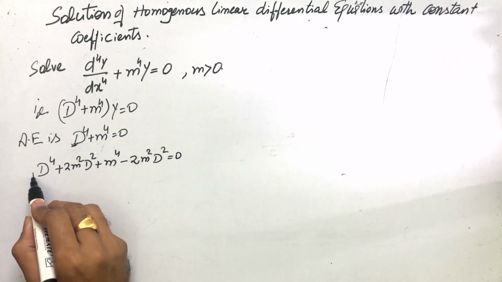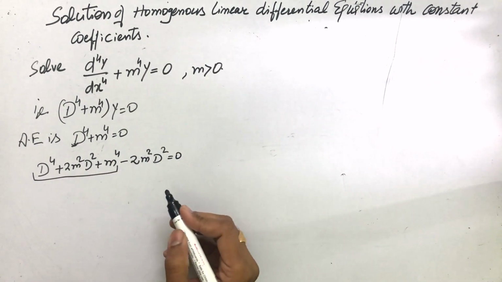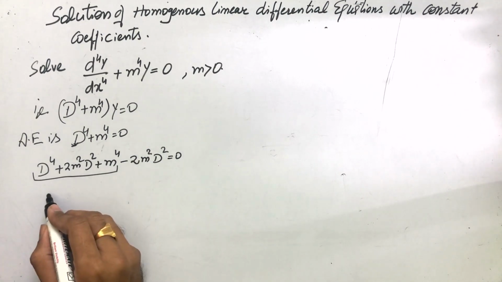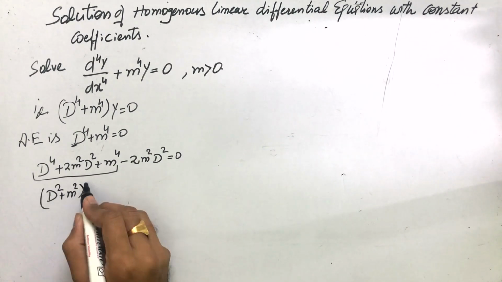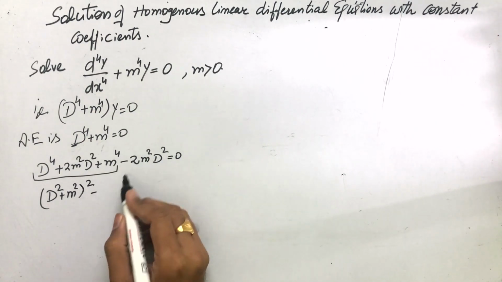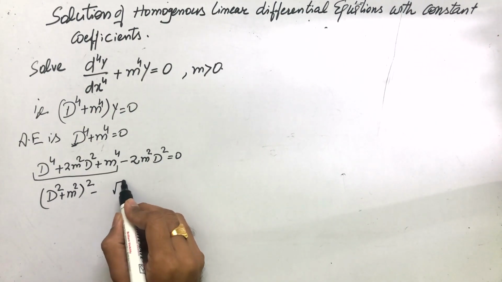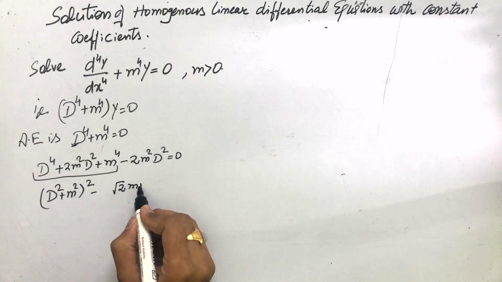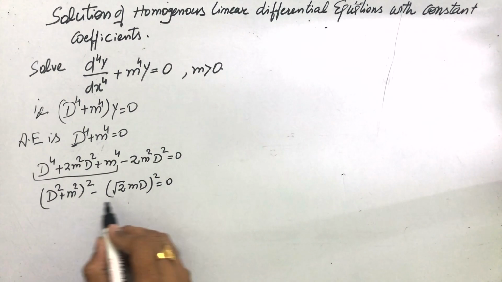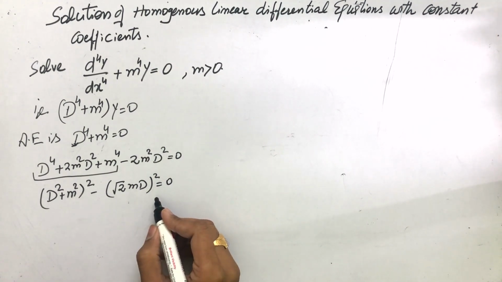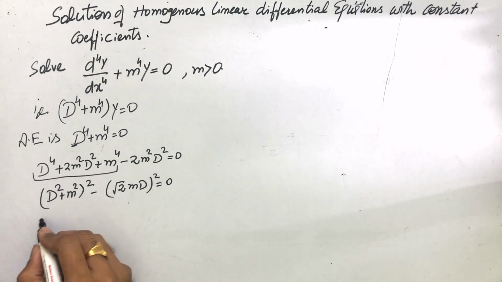And as you see, when we combine these terms, this will appear as a perfect square, D square plus m square whole square. And also this may be written as a perfect square, for which under root 2 m capital D whole square, which is the formula a square minus b square. Let us expand this.